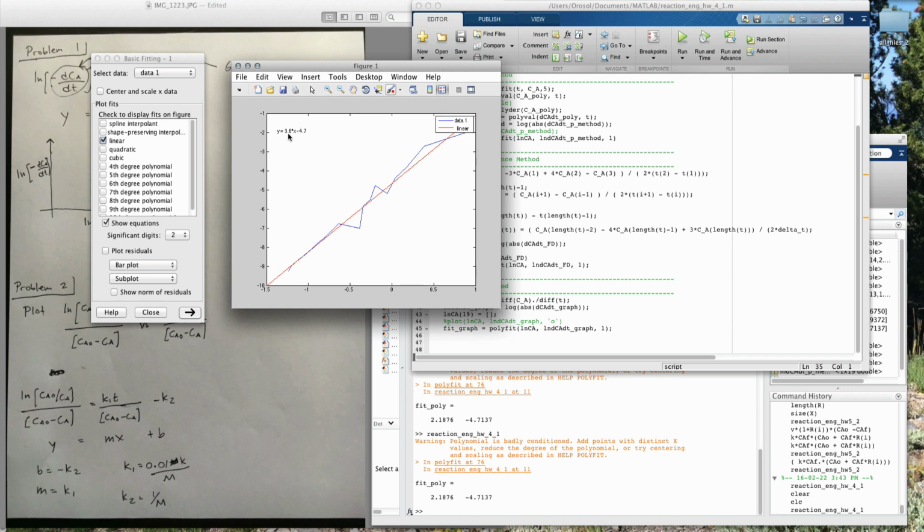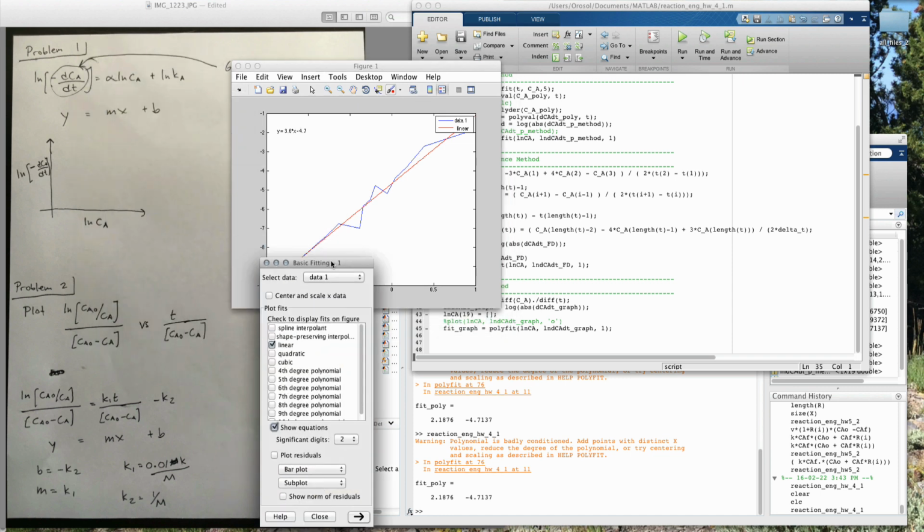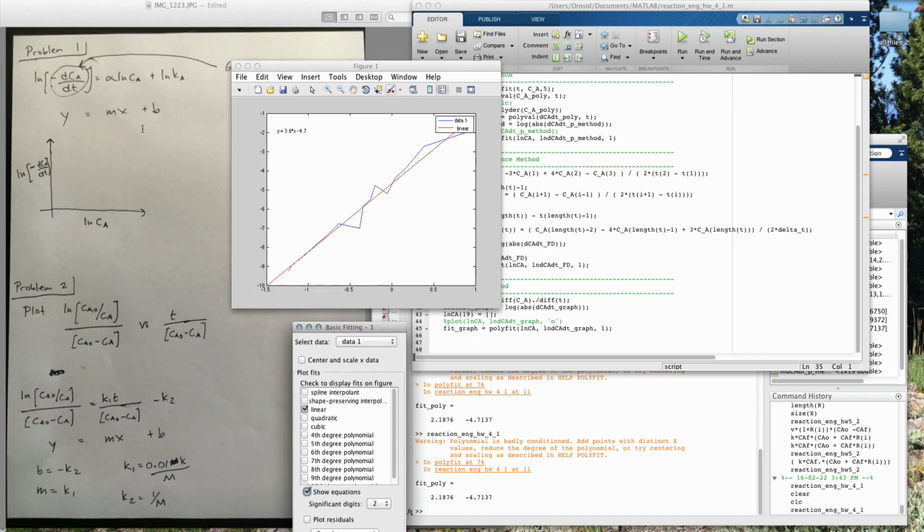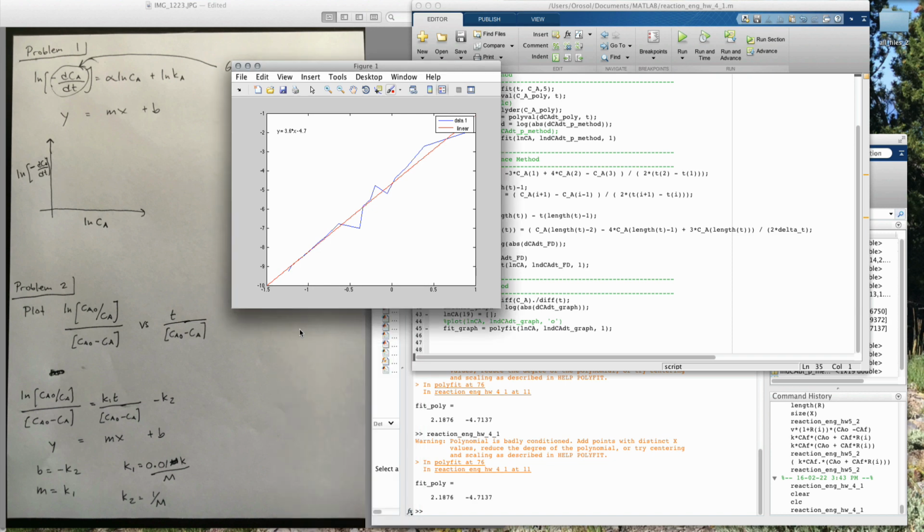So for this y equals mx plus b, you would have 3.6 for alpha and minus 4.7 for the natural log of Ka. You can get that from here, or you don't actually need to plot it.